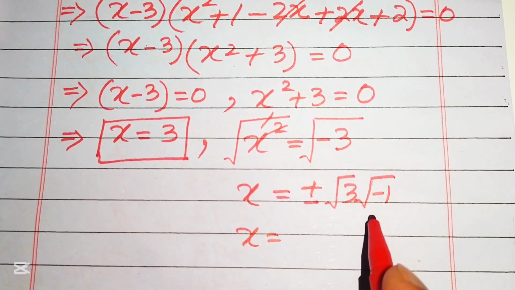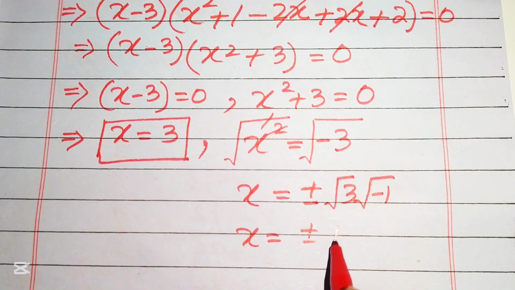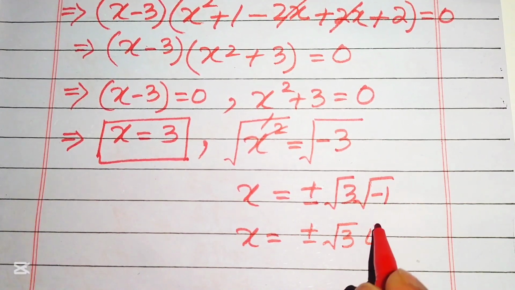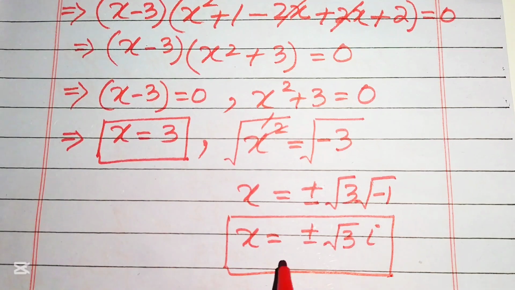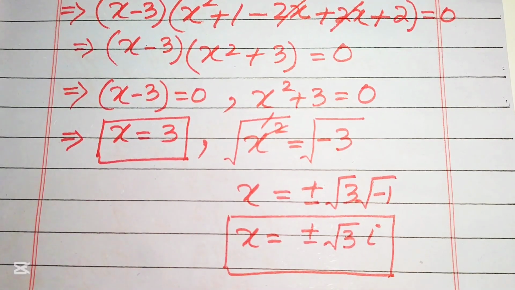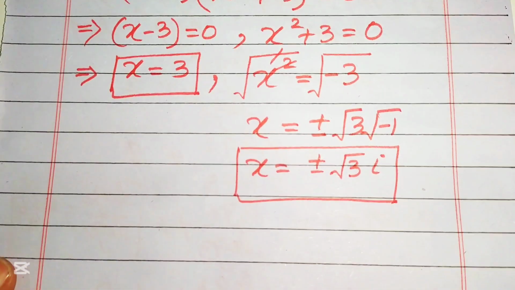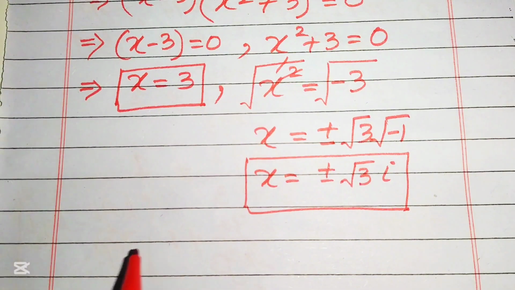And we know that square root of minus 1 equals iota. So the other two roots of the given equation are x equals plus minus square root of 3 times iota. So these are the three roots of the given equation.